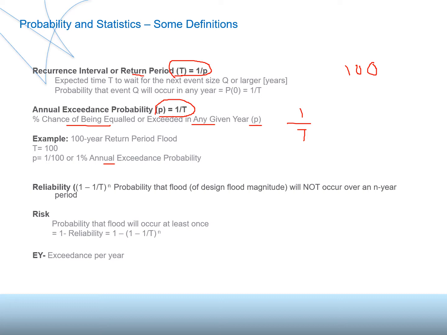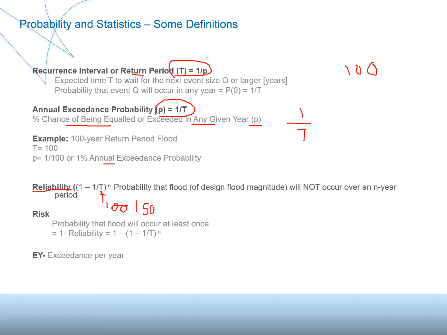Now, the other term is the reliability. Okay, reliability of our structures, right? We have these based on hydrology. We take the flood of 100-year magnitude, or 100-year return period, or 50-year return period. We decide, but we want to know the probability that flood will not occur in the lifetime of our structure.